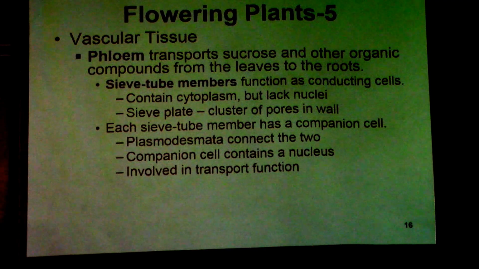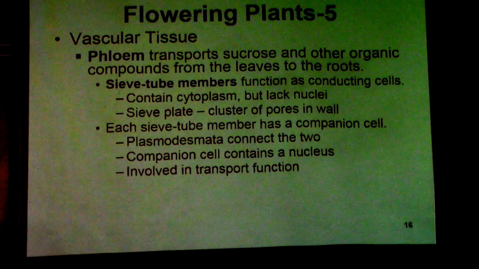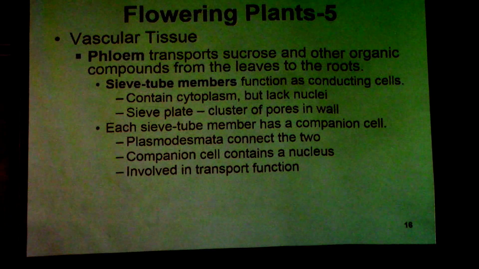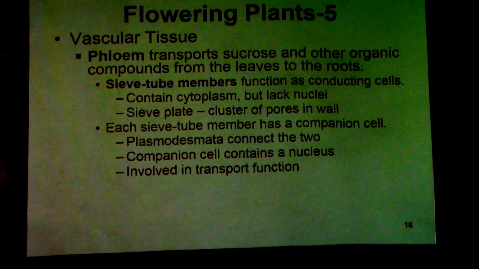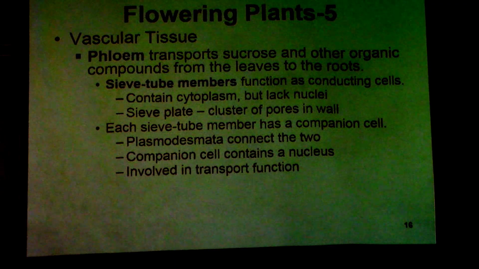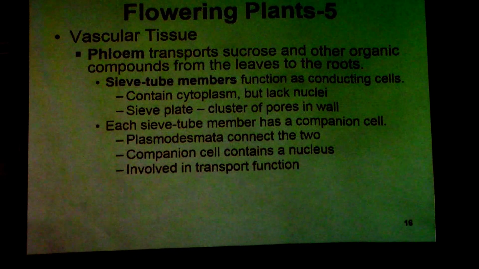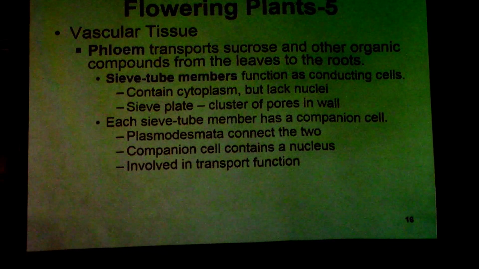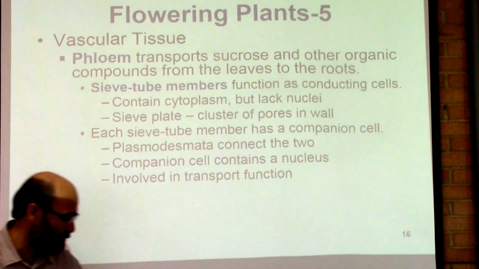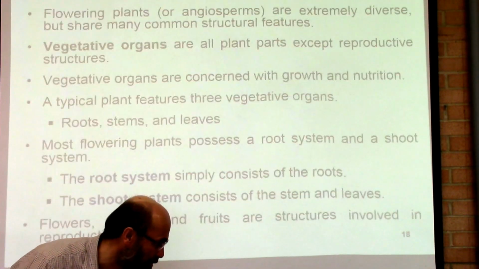So starch has to be broken down into its monosaccharides. These are monosaccharides, these are polysaccharides. Polysaccharides are not sweet, and monosaccharides are sweet. And plants know how to convert those back and forth.